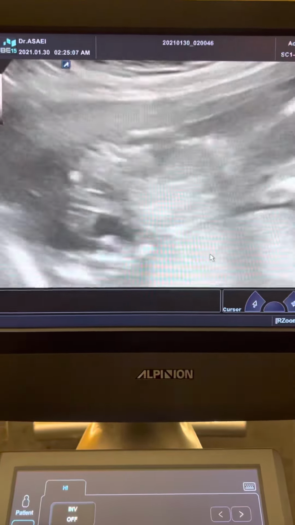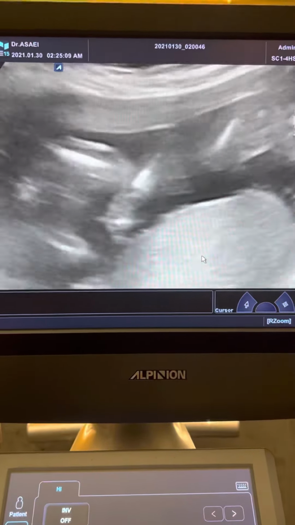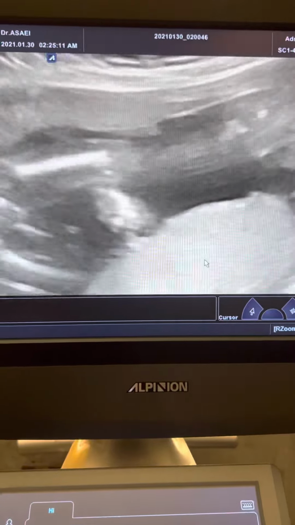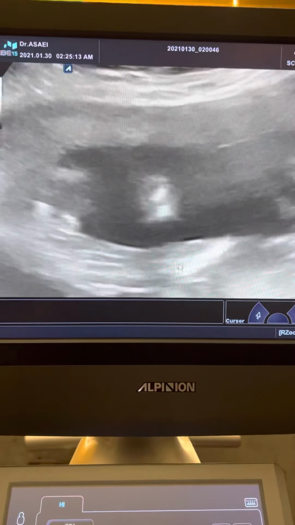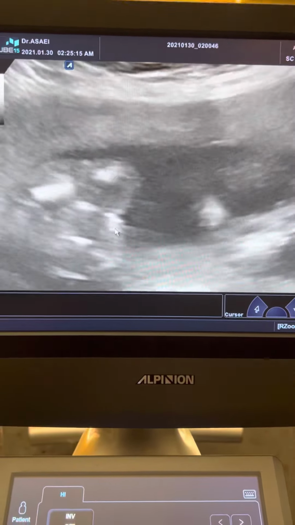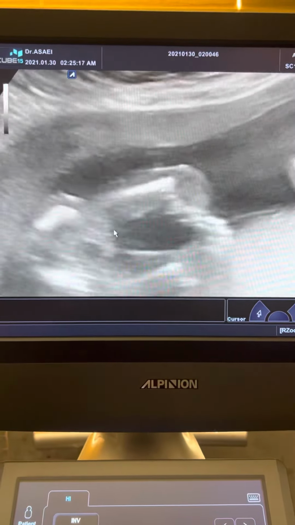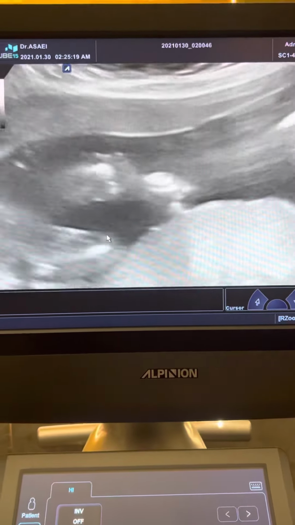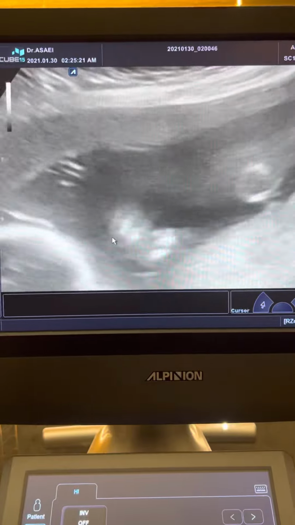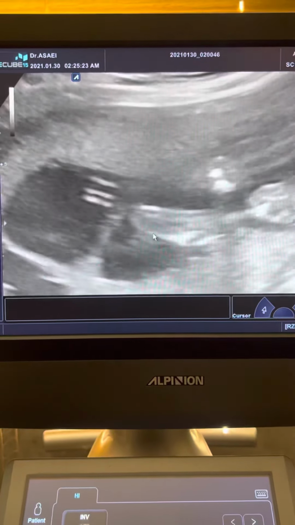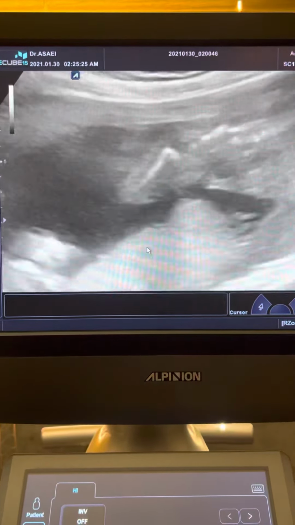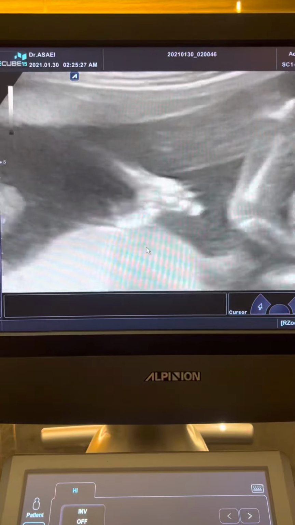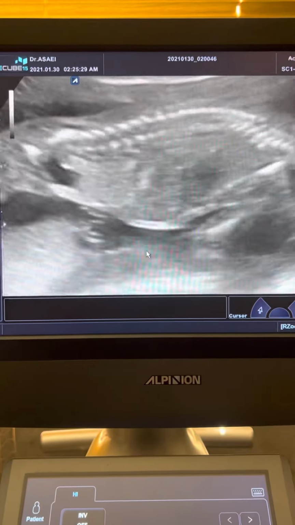So everything in fetus B was also, here is the sex again of the fetus B. So fetus B was also healthy with no problem. Again, we can check the hands.